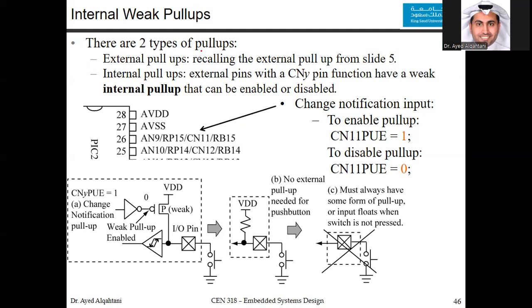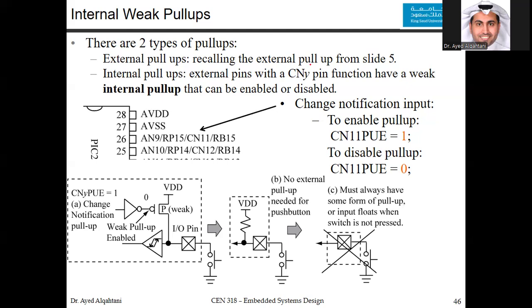There are 2 types of pull-up, the external pull-ups and the internal pull-ups. For the external pull-ups, look back at slide 5, where we have the switch and a resistance in the pull-up. I told you that you must have this resistance in the pull-up, otherwise you'll have problems.